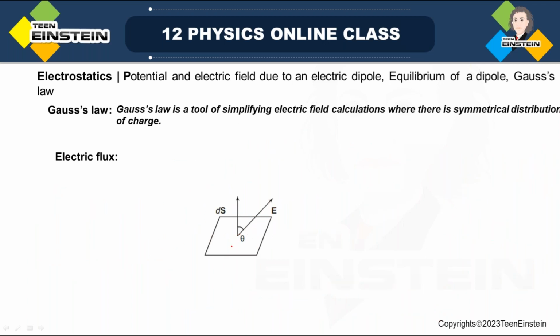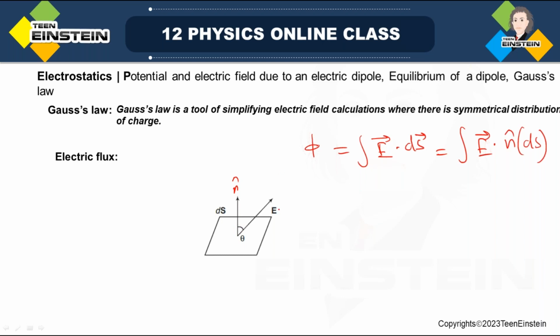Suppose this is the surface area and the normal to it is in this direction, n cap. Writing the total phi, E dot ds can also be written as E dot n cap ds, where n cap is the unit vector along the normal to the surface area.